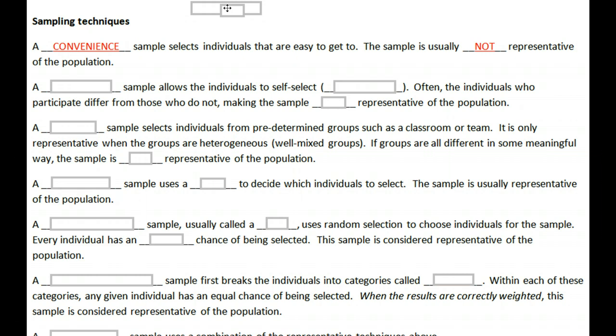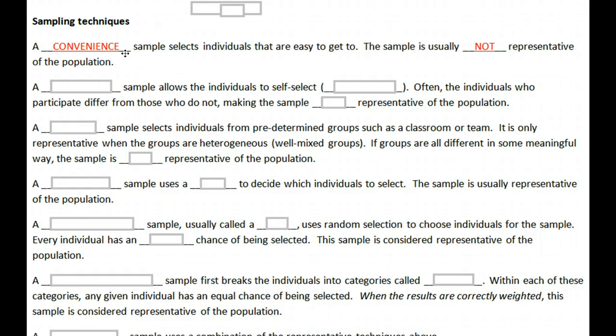Now, a convenient sample is where you kind of just ask whoever it's convenient to ask. So instead of having a very structured, truly random study of any kind, you just ask maybe the first people you see, or the people that are around you.